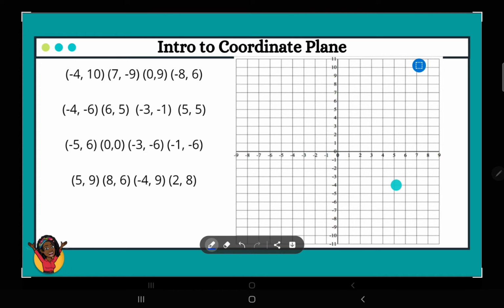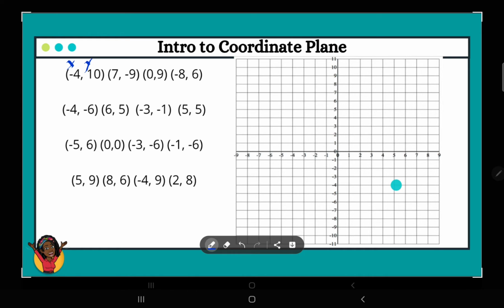So let's go ahead and use what we know so far and actually plot these points. These are called coordinate pairs, and the first value is our x value, the second is our y. Now to plot these numbers on the coordinate plane, we need to first find the x location on the horizontal line.